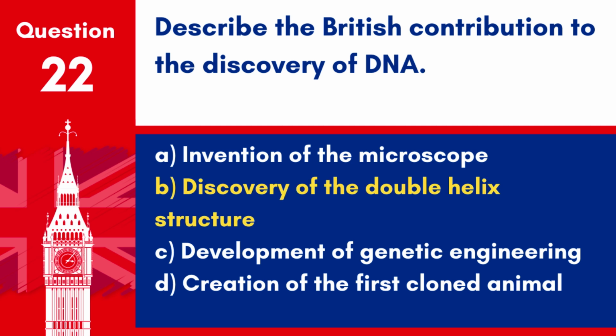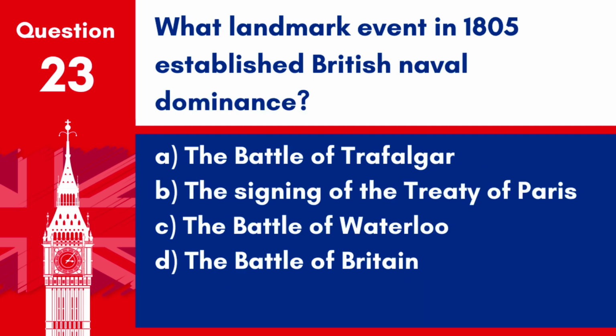Answer: B. Discovery of the double helix structure. Francis Crick and James Watson, with significant contributions from Rosalind Franklin, discovered the double helix structure of DNA, pivotal in understanding genetics.